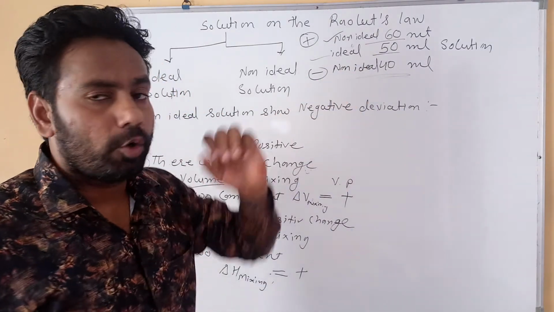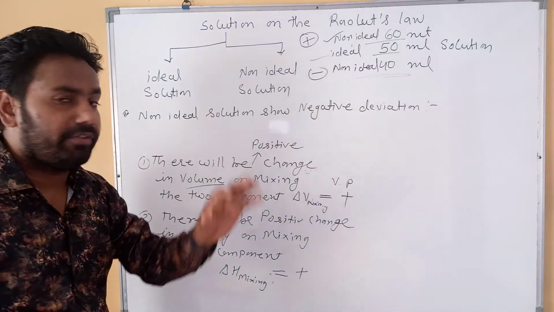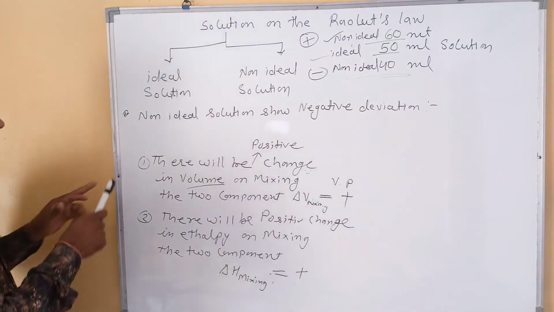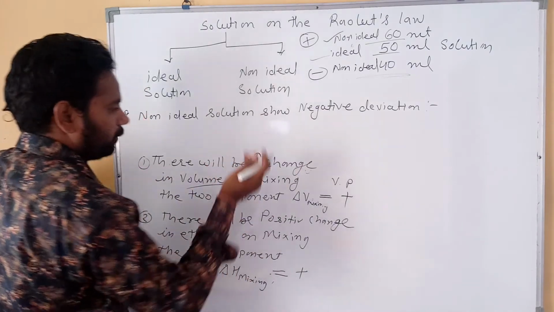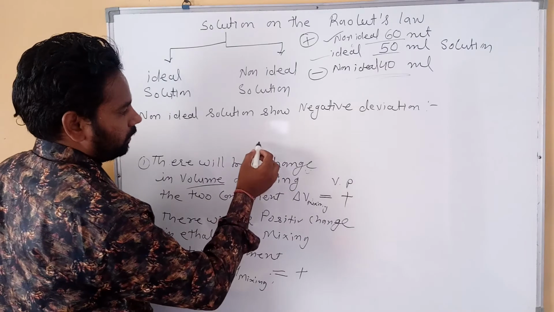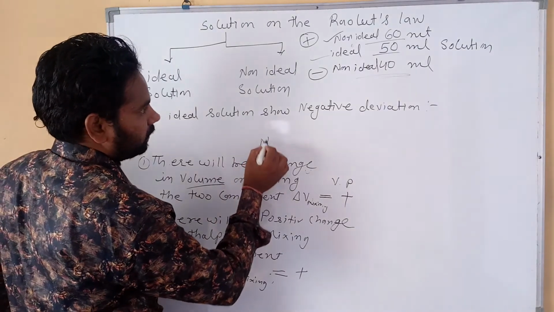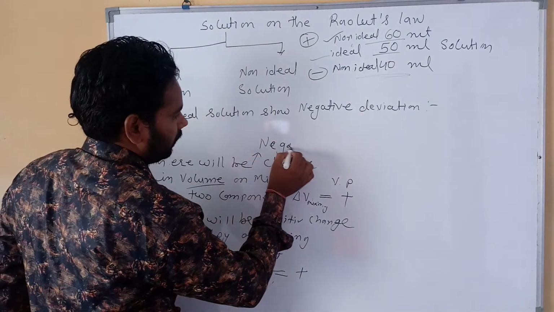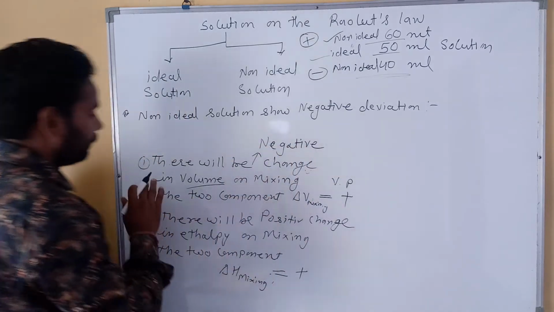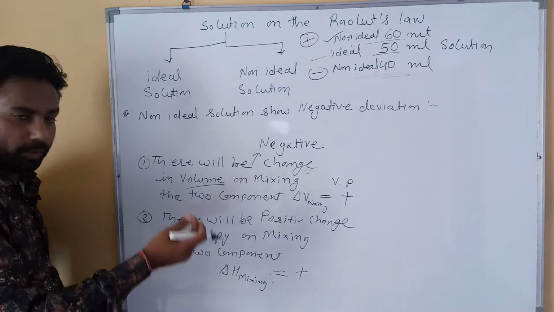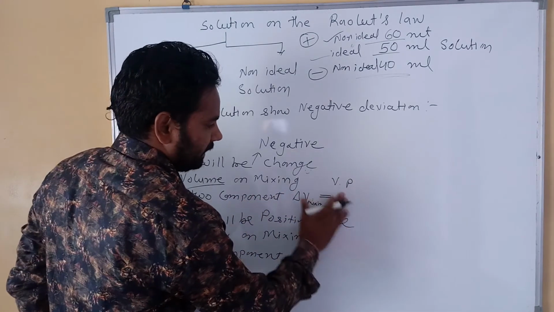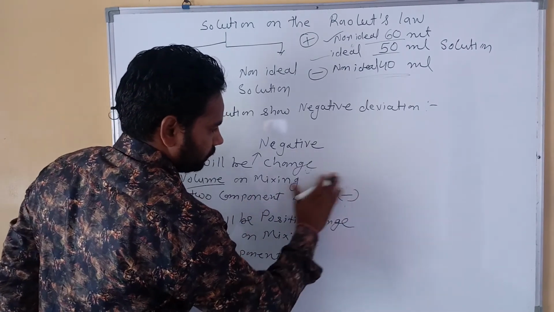So it's called non-ideal negative deviation. The first point will be negative: remove positive and convert into negative. There will be a negative change in volume on mixing the two components, so del V mixing is equal to minus.